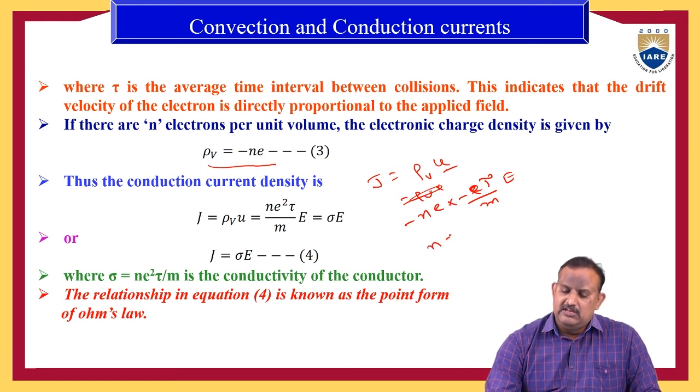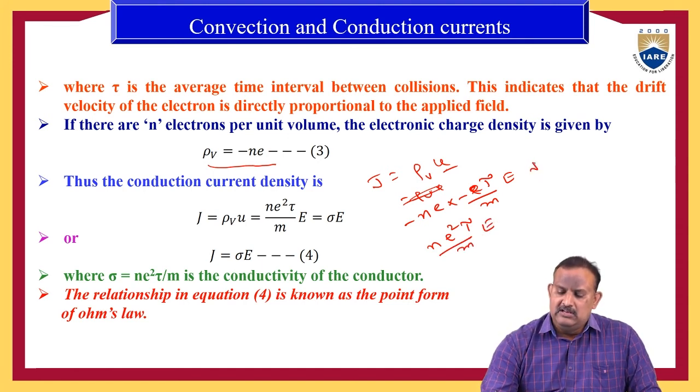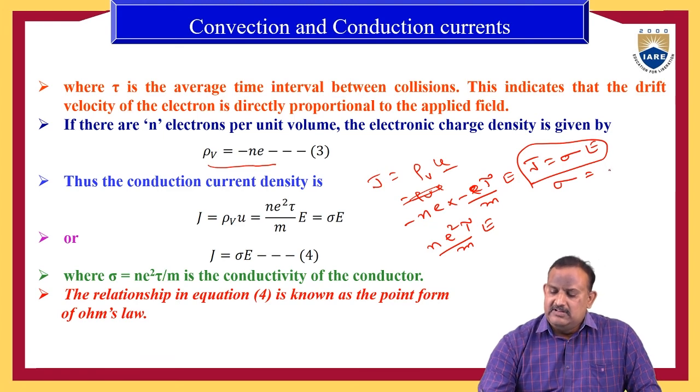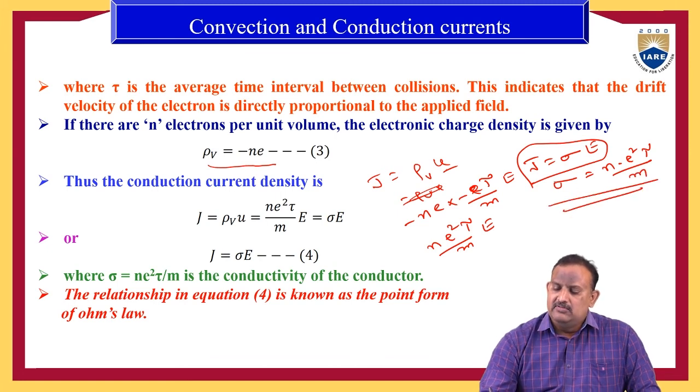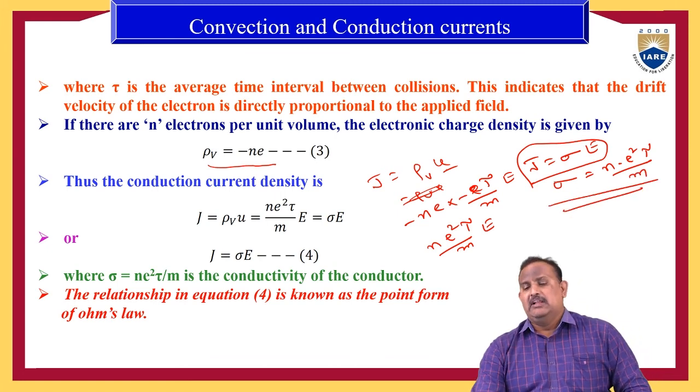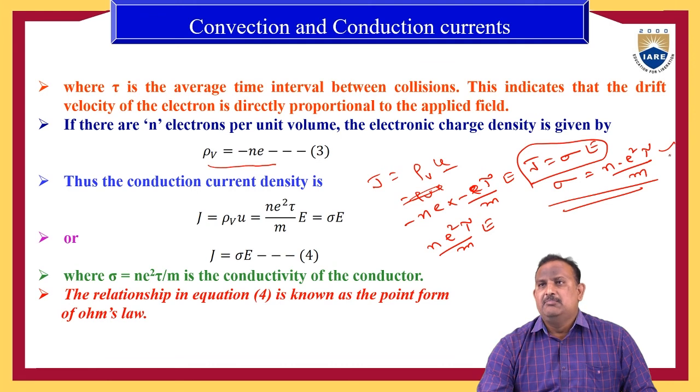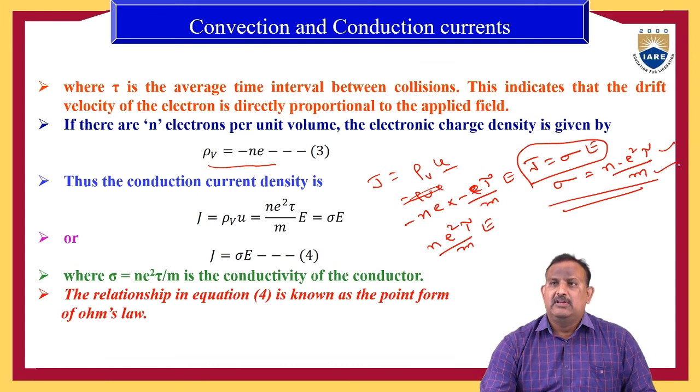Therefore we have n e square tau by m into E. In general, J is equal to sigma into E, where sigma is the conductivity. The conductivity sigma is equal to n e square tau by m, where n is the number of electrons, e is the charge of an electron, tau is the average lifetime before the collision, and m is the mass of the electron.